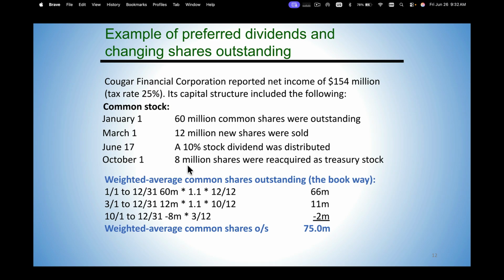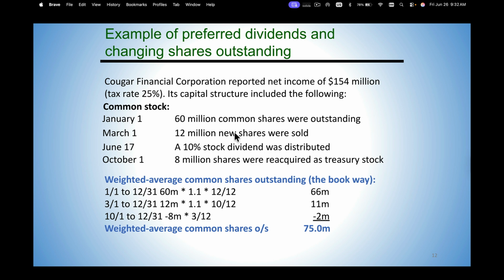So in order to calculate the way the book does it, we go back and we say the 60 million, we're going to assume that that stock dividend occurred on January 1st. So we go back to the very beginning of the year and assume that it occurred then. And that'll make it 66 million, right? 60 times 1.1 for the entire year is 66 million.